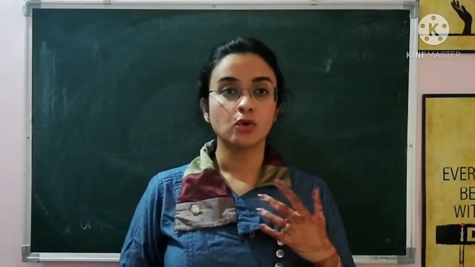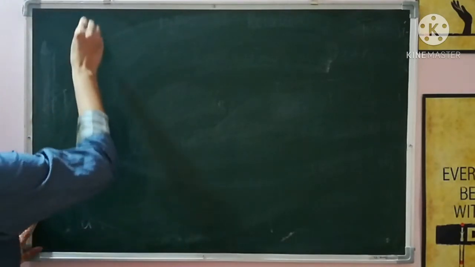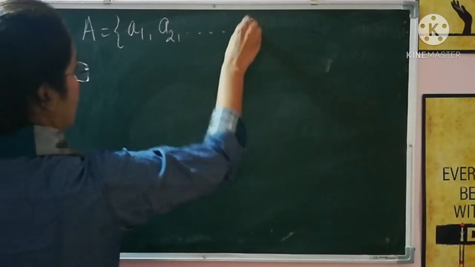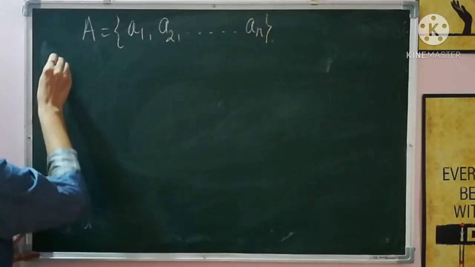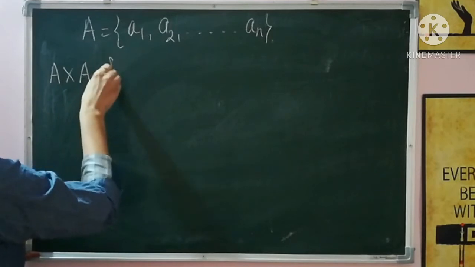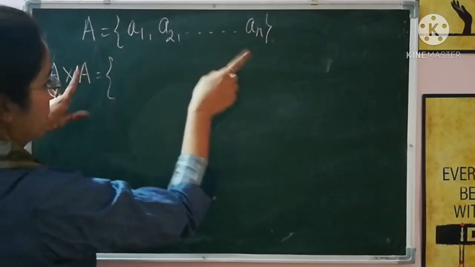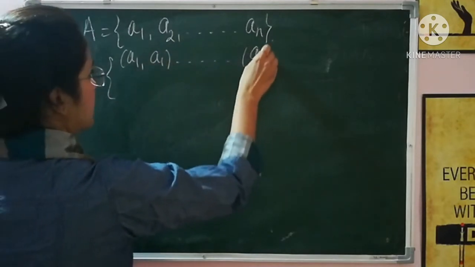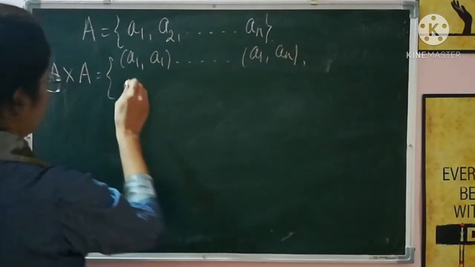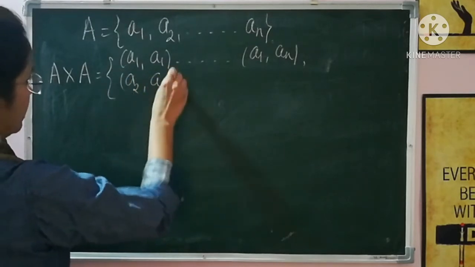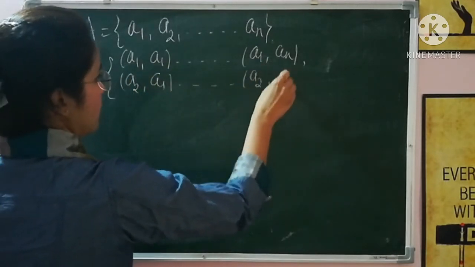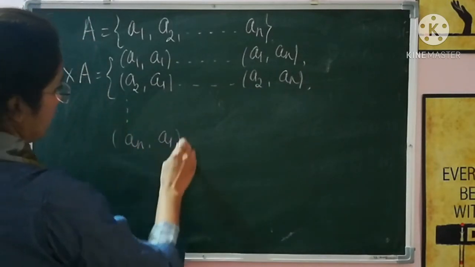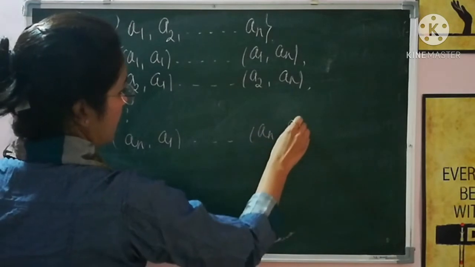So first, let us assume that we are given a set A with n elements A1, A2 up to An. Then of course I have to make the Cartesian product, and the Cartesian product of A with itself can be written in a very orderly manner: A2 comma A1, A2 comma An, and so on, up to An comma An.